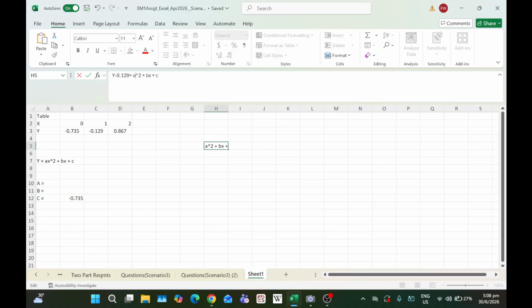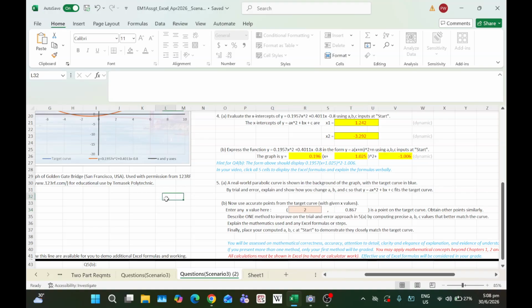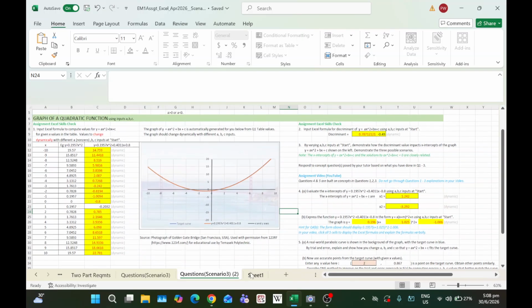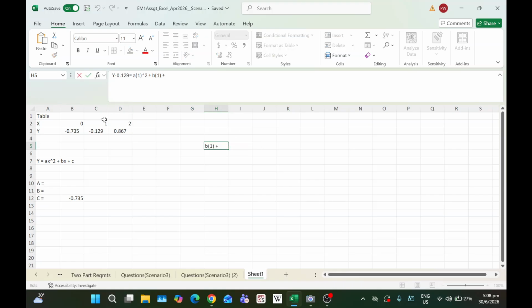A times x would now be 1, and C would be the value of C, which is 0.735, which is also the y-intercept of this graph. The square of 1 is 1.